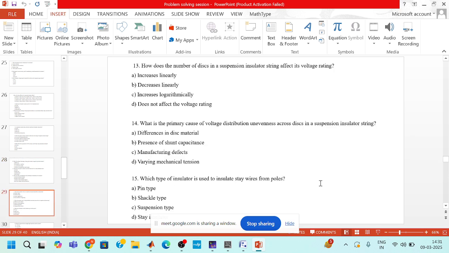Now the 13th question is, how does the number of discs in a suspension insulator string affect its voltage rating? Options are A, increases linearly, option B is decreases linearly, option C is increases logarithmically, option D is does not affect the voltage rating.